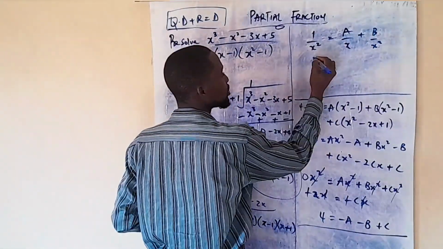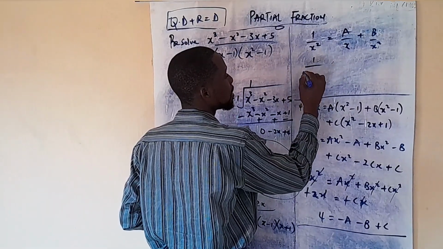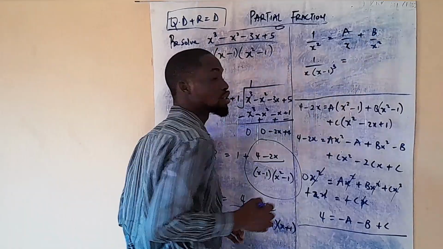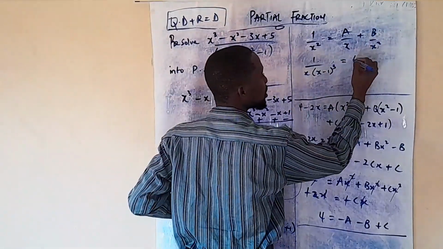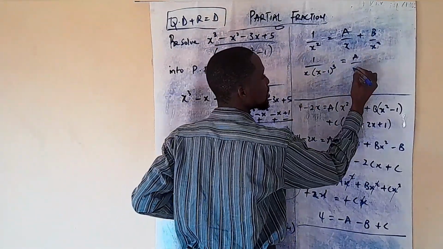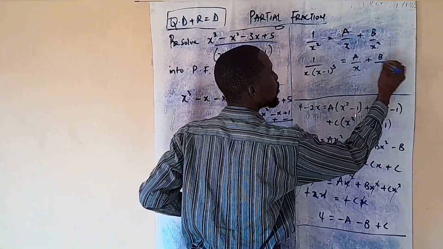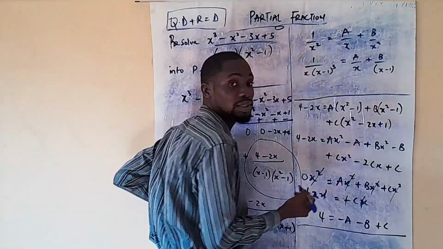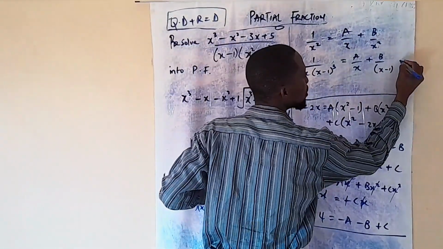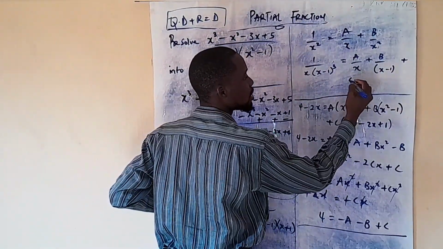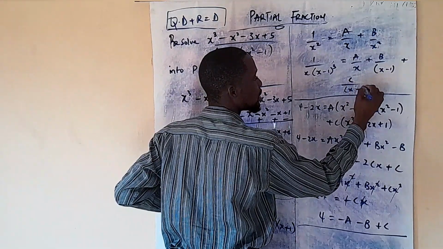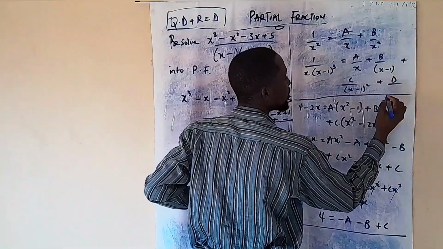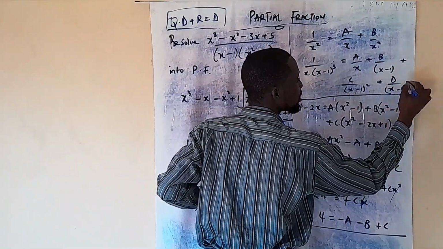If I have a question of this form, 1 over, let's say, x into x minus 1 raised to power 3, what I'll say is to resolve: a over, this one is x, plus b over the initial of this one, that's x minus 1 raised to power 1, then plus the next initial, that's c over x minus 1 raised to power 2, then plus the next one, d over x minus 1 raised to power 3.